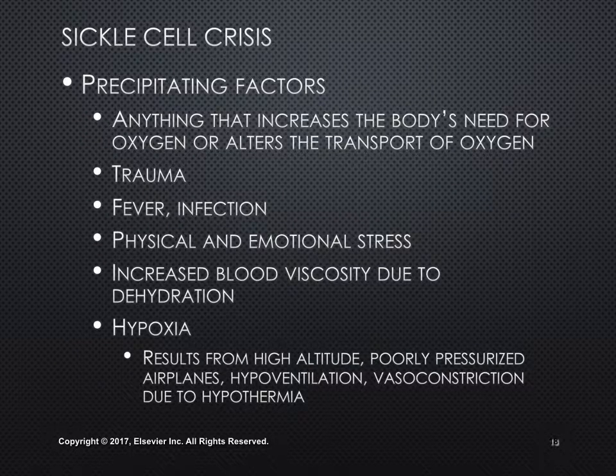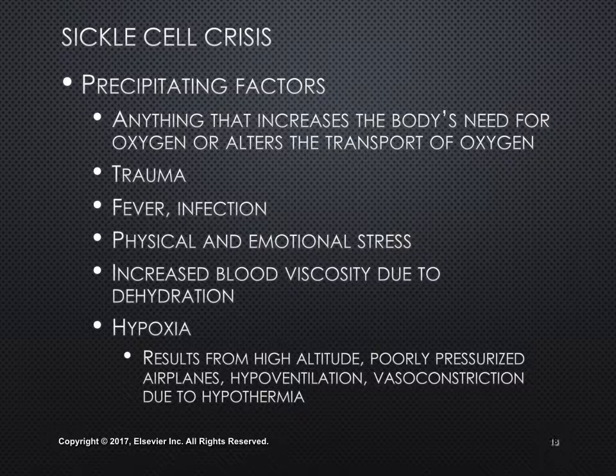I mentioned sickle cell crisis just a minute ago, and the precipitating factors for sickle cell crisis are anything that increases the body's needs for oxygen or alters the transportation of oxygen.